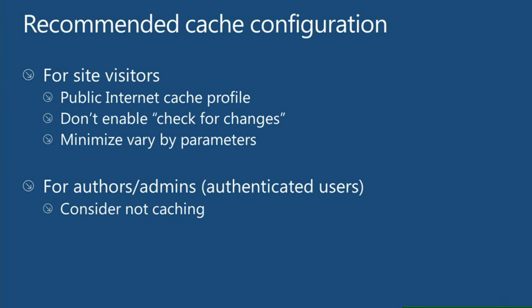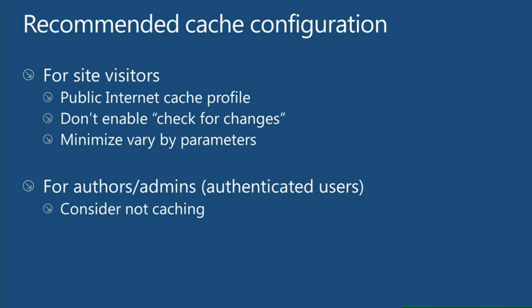What this means is that for anonymous users, we're going to be aggressively output caching. There's also an option in there called Check for Changes. Even though the page is cached, this will check to see if it's changed, and that in itself is quite an expensive operation. So this option is not enabled by default, and we shouldn't go ahead and enable it.